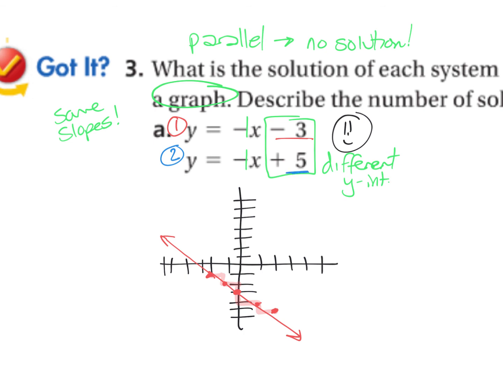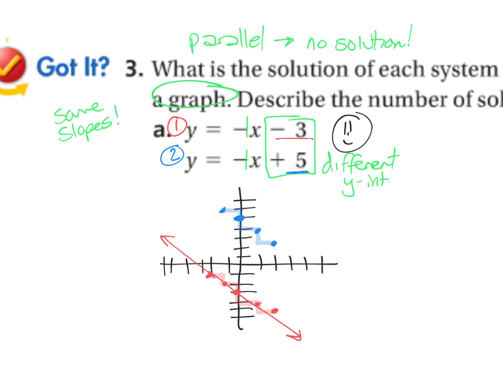In this one, my y-intercept is +5. So I'll put a point at 5 on the y-axis. And my slope is -1. So I'm going to go down 1, right 1. And we can do this again. Down 1, right 1. You can get some on the other side, so up 1, left 1.